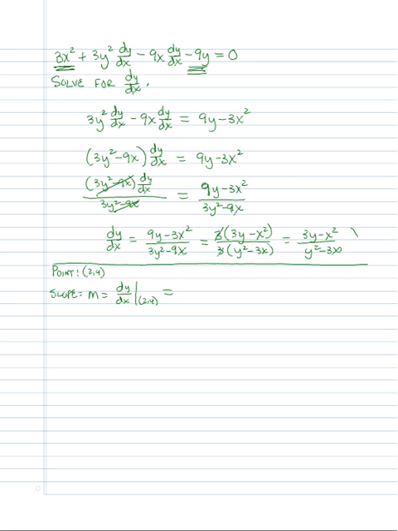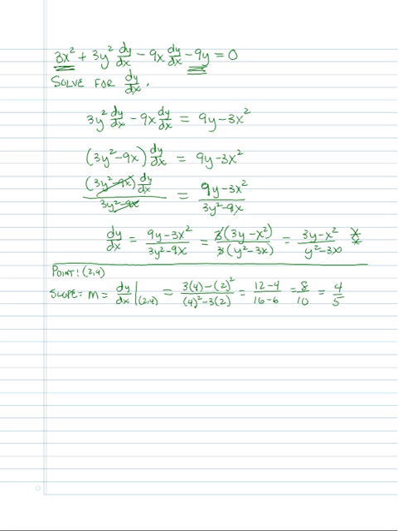So when we look over here at this derivative, I have 3 times my y value, which is 4, minus x squared, well, x is 2, divided by my y squared, well, y is 4, so 4 squared, minus 3 times my x value of 2. And what is that? 12 minus 4 over 16 minus 6, which is 8 over 10, which reduces to 4/5, doesn't it? There's the slope I need.